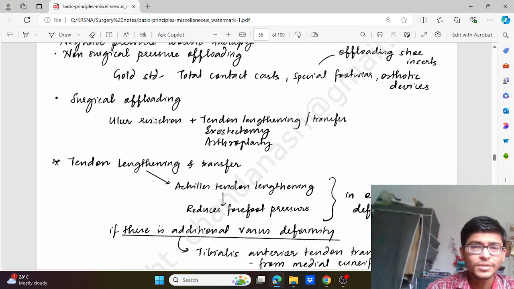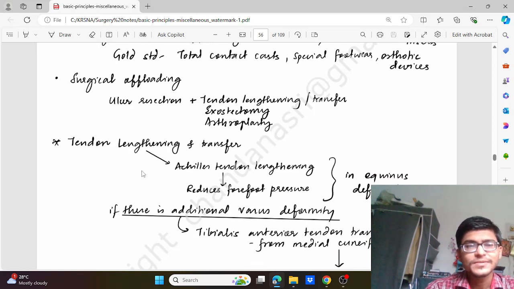Then we come to surgical offloading, that is ulcer resection, tendon lengthening or transfer, exostectomy, arthroplasty, limb lengthening and transfer, and Achilles tendon lengthening. So it reduces the forefoot pressure.